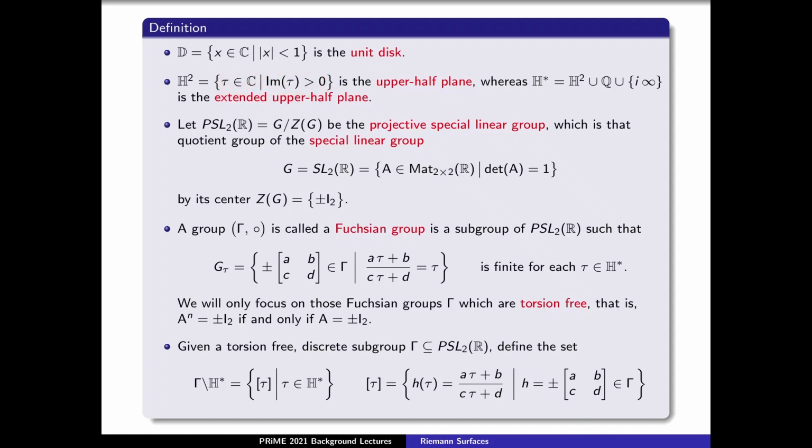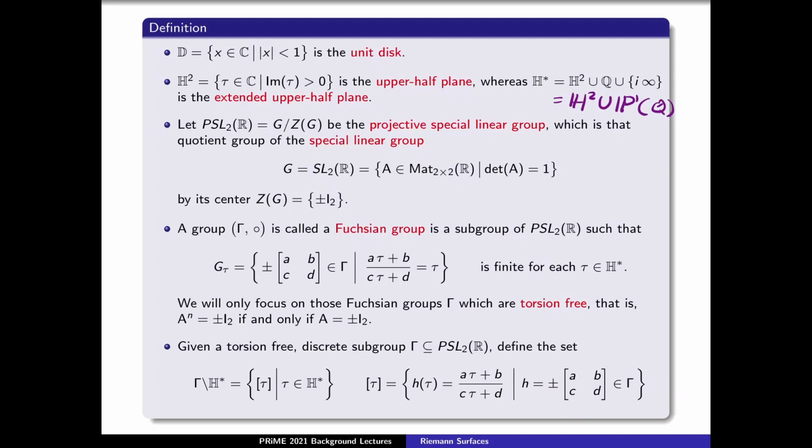But we also have the extended upper half plane, which is the notation that we just saw in the previous slide. And that is defined as H star, where H star is equal to H2 union Q union a point at infinity. Another way of writing this is as H2 union P1 of Q, because P1 of Q can be identified with Q and some point at infinity. And so that is what is known as the extended upper half plane.